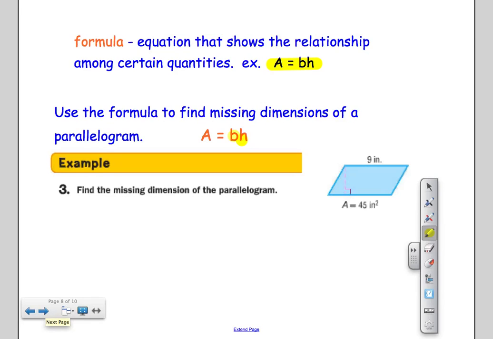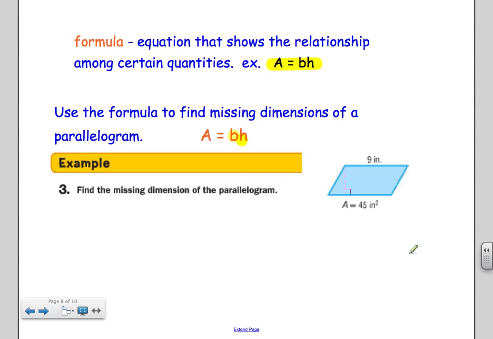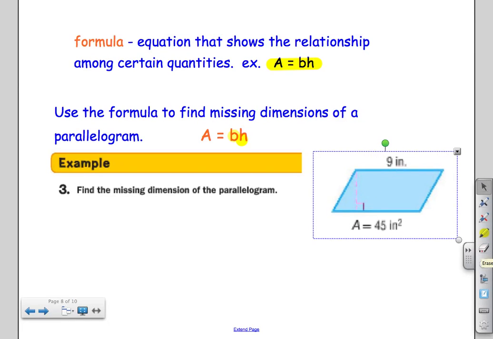All right. So let's try this. Find the missing dimensions of the parallelogram. Here's our parallelogram over here. I'm going to make this parallelogram a little bigger for us to look at.